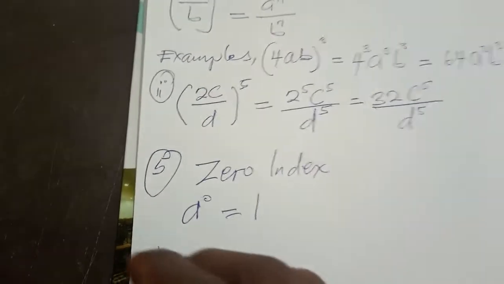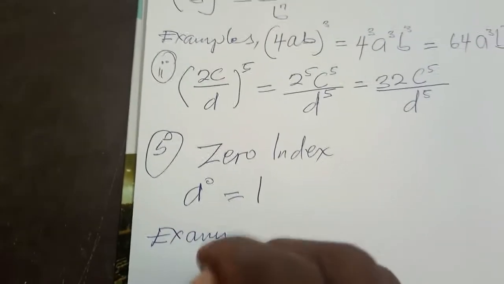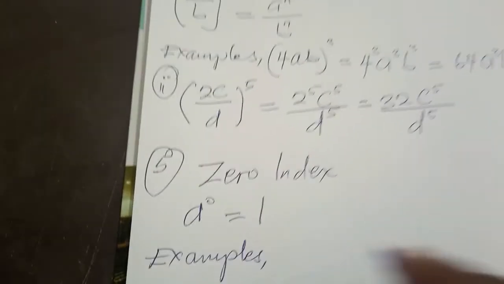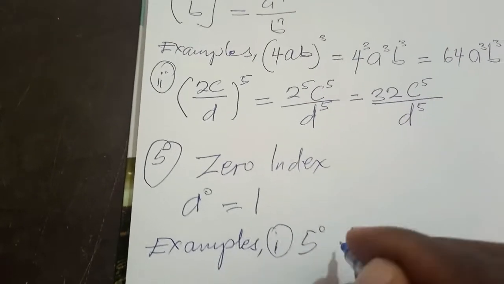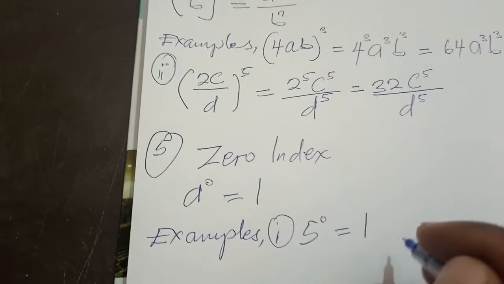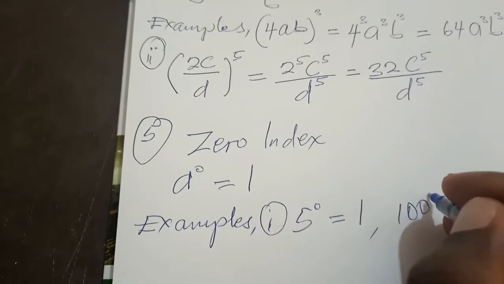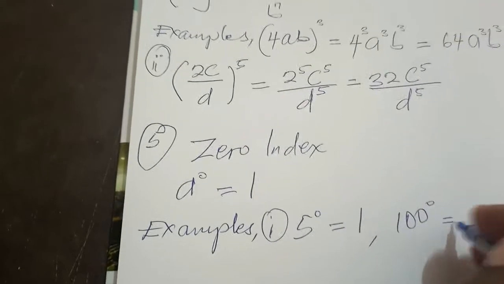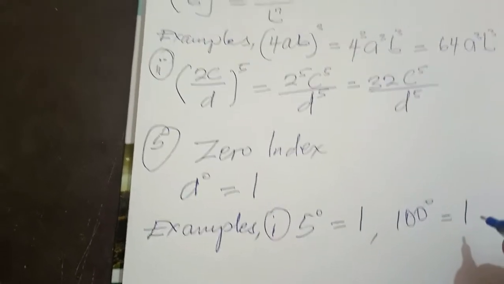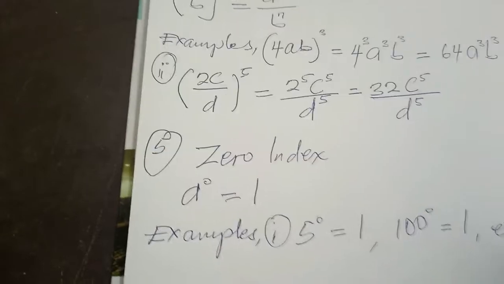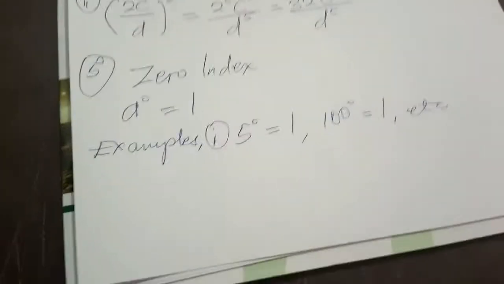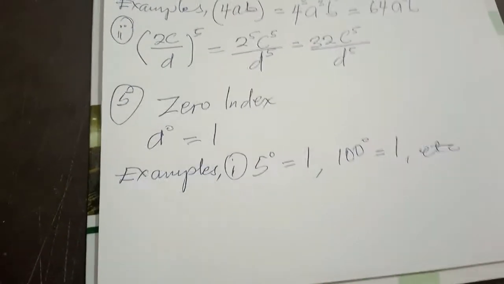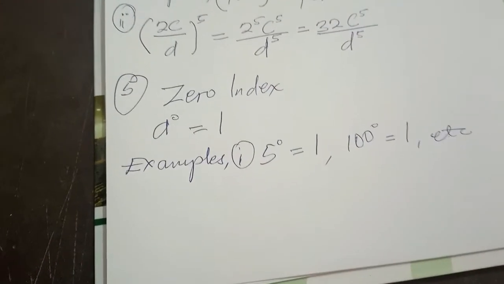So for example, 5 exponent 0 will give us 1. 100 exponent 0 will still give us 1. Any number exponent 0 will still give us 1 no matter the size of the number.